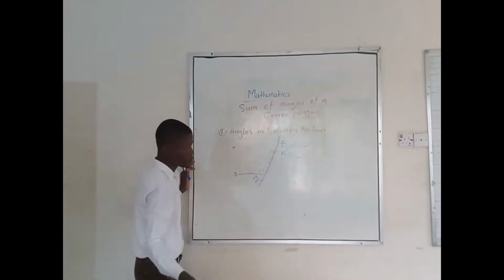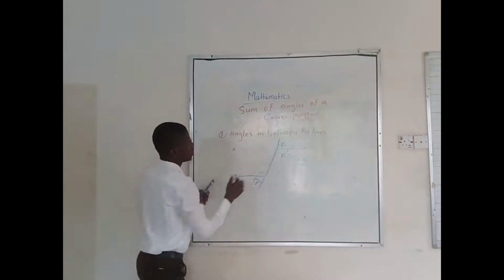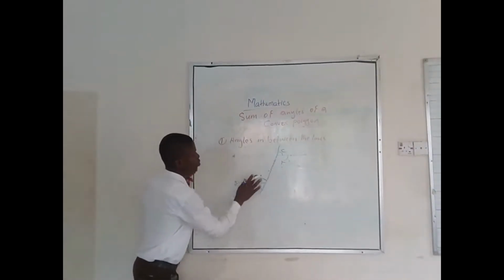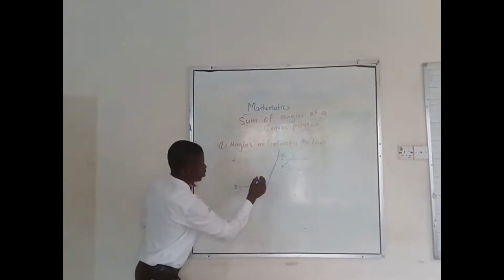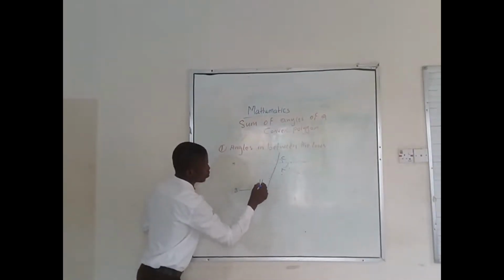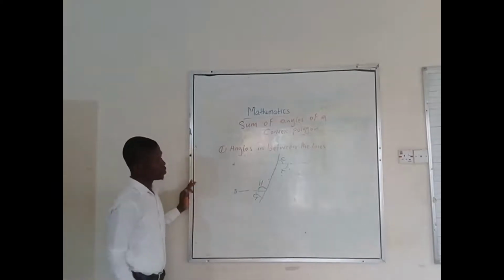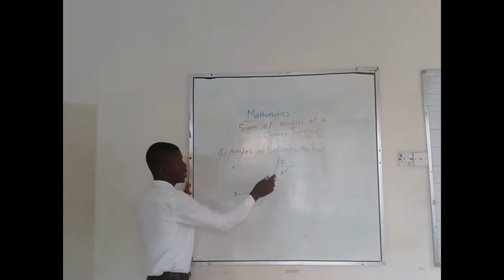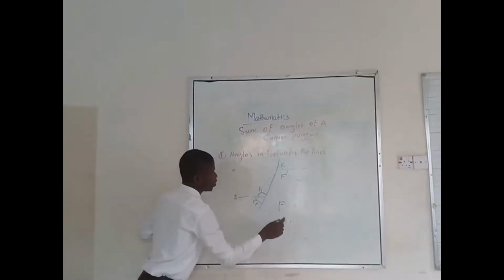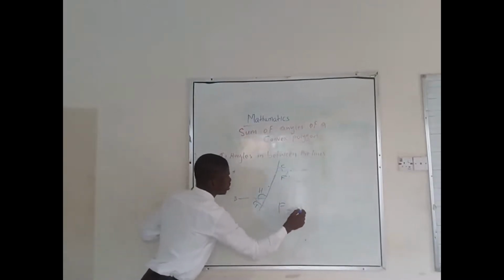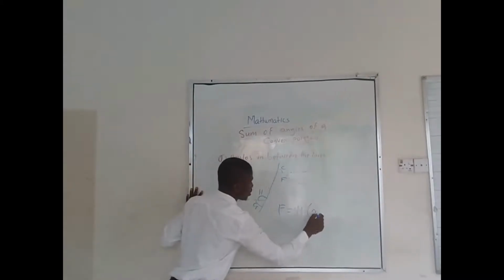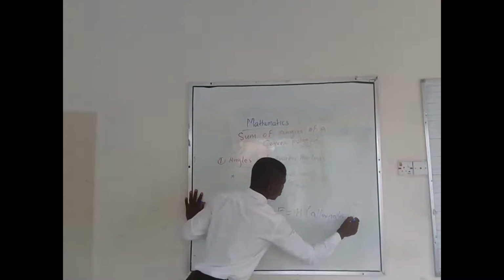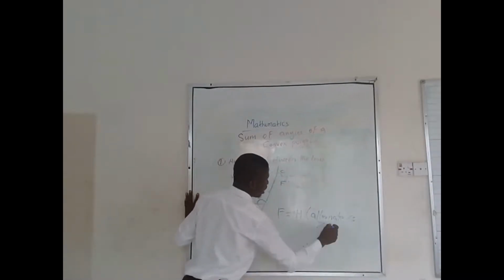For example, you see, here will be what is called Z. So let me use here as H and here F. Then we can see that angle F is the same thing as angle H, due to alternate angles, or we call it Z angles.